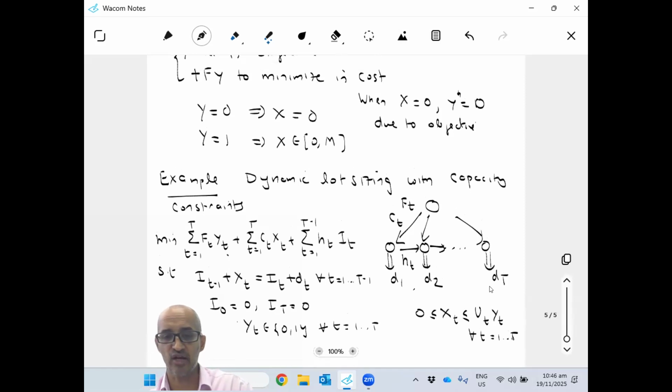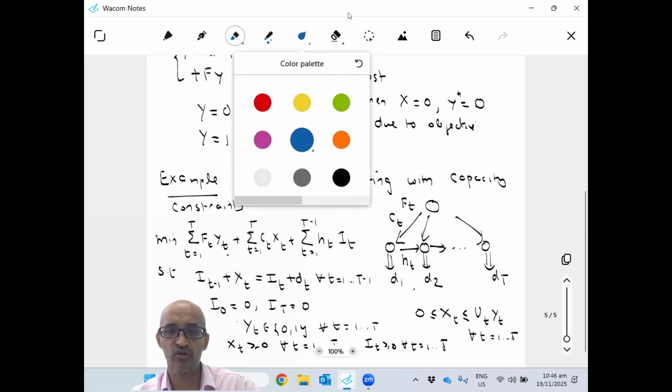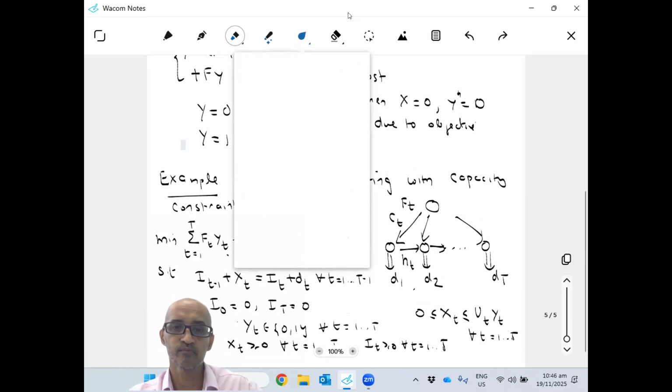And of course XT is non-negative, and inventory is non-negative. Maybe you might also have constraints on the inventory, maybe the inventory is not too large. But the point here is that if you have capacity constraints, we didn't have these constraints before.